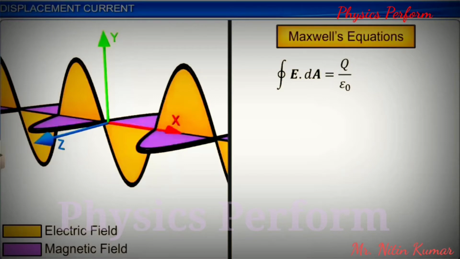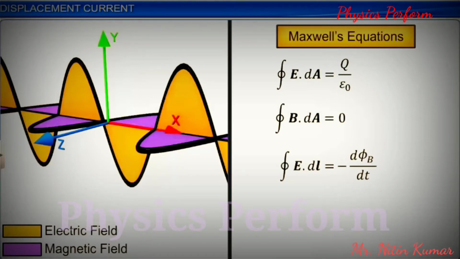Integral over the closed surface B dot dA is equal to 0. Integral over the closed loop E dot dL is equal to minus d phi B by dt. And integral over the closed loop B dot dL is equal to mu naught I_C plus mu naught epsilon naught into d phi E by dt.